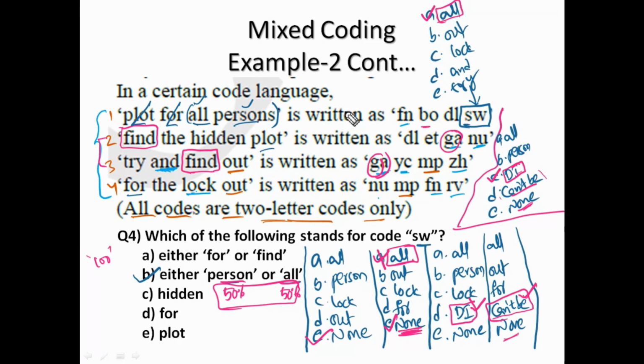Yes, here the examiner is pushing us to take option A only, because even though it's a 50% answer, we don't have a choice to select. So according to these options it is the answer, but it is not the 100% answer.